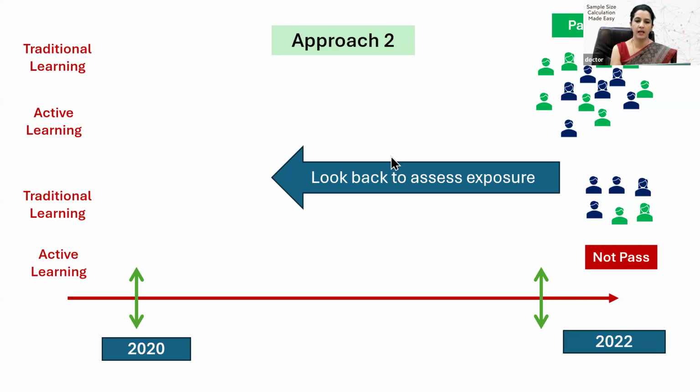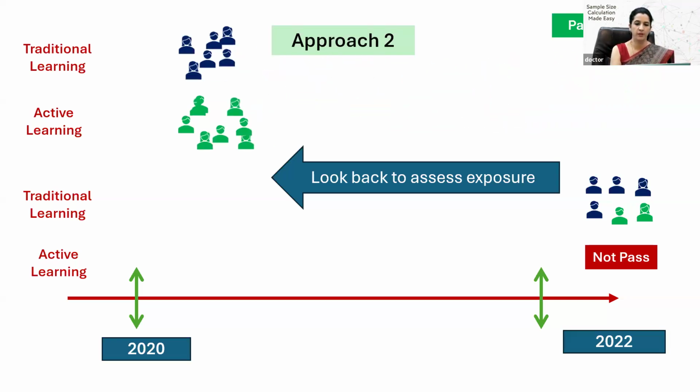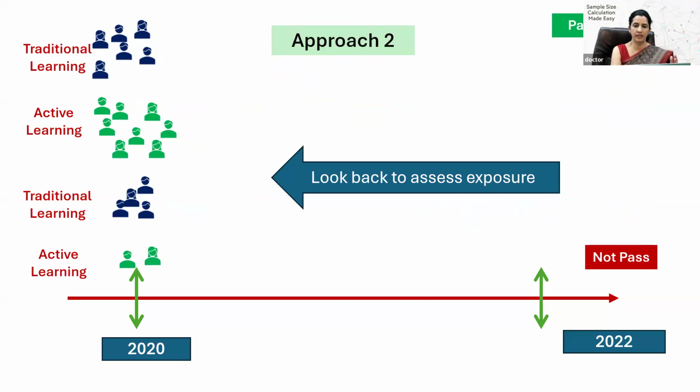Then I have gone back to 2020, 2 years back, and categorized them into 2 groups: people who were using active learning and people who were using traditional learning. If I use this method to check my research question, which type of study design is this? So this is a case control study. Yes.